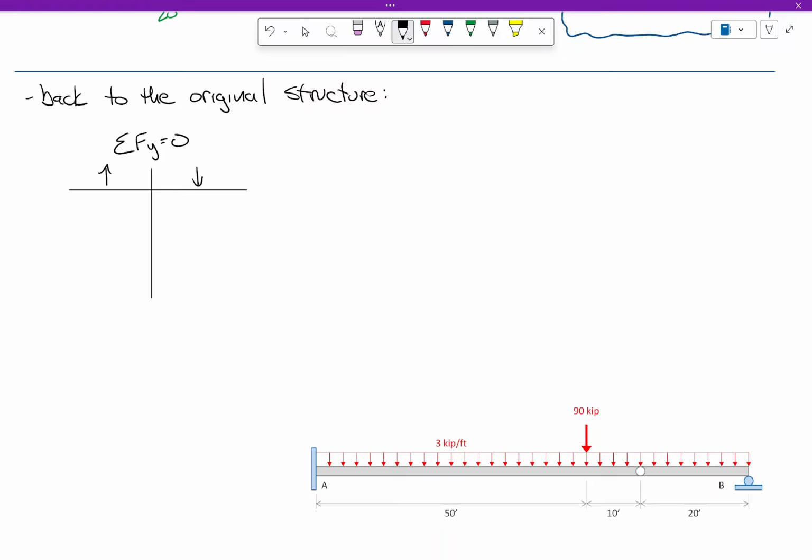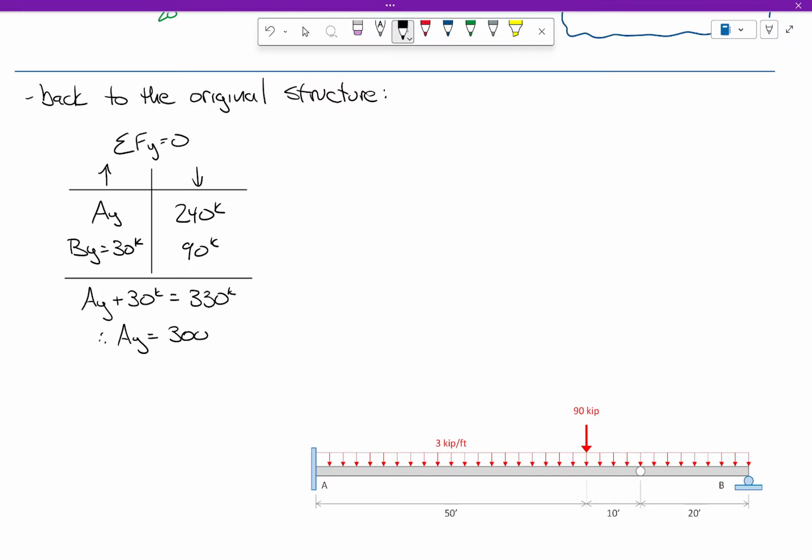So we have 240 and 90. Then AY, BY is 30. 240 and 90, that's what, 330? So therefore, did I get that right? Yep, I think I did.